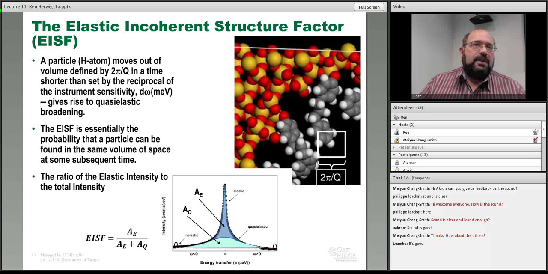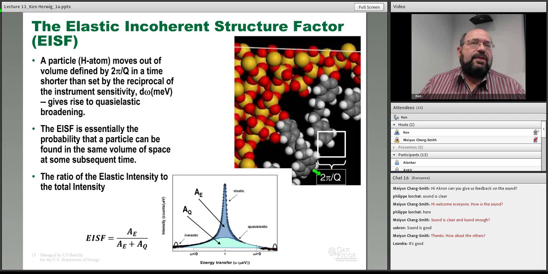So that's kind of a difficult concept to grasp. And in particular, it has a difference depending on how good an energy resolution that you measure. So think of it this way. Let's draw a box around a hydrogen atom whose physical dimensions are just going to be given by 2 pi over the q at which we're going to make our measurement. Right?